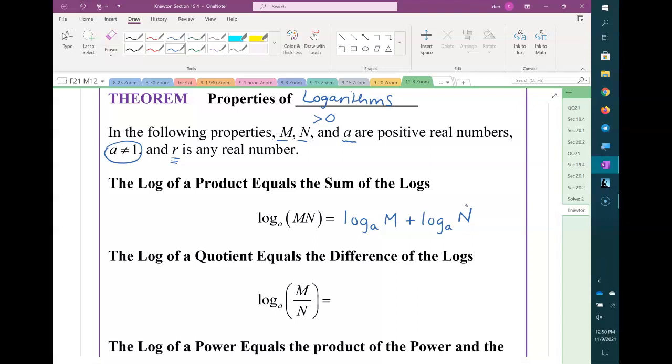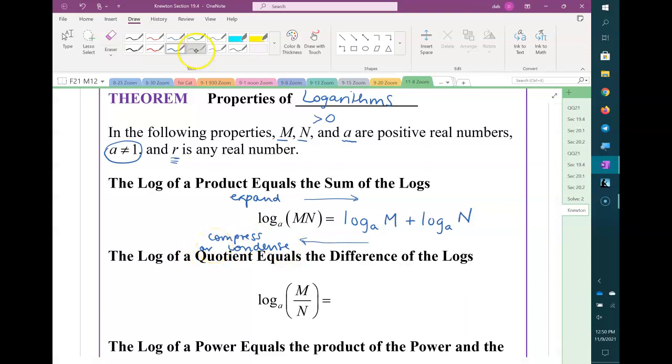Now recall that this equals sign means this goes both directions. It can be used to take apart a log of a product, but it can also be used to put together a sum of logs. When we go left to right, we call that expand, and when we go right to left, we call that compress or condense. Those are the words used.